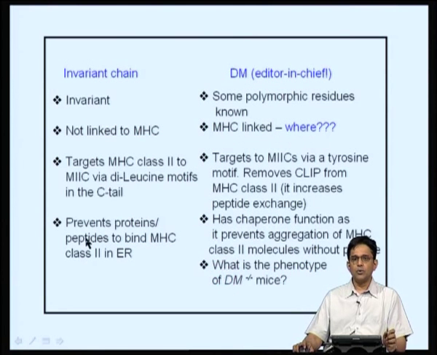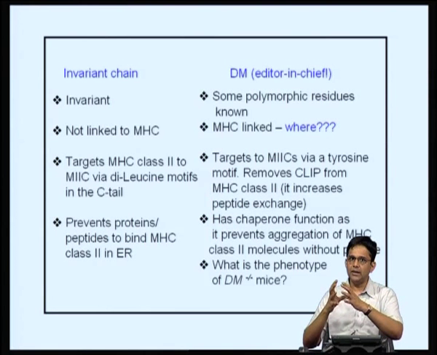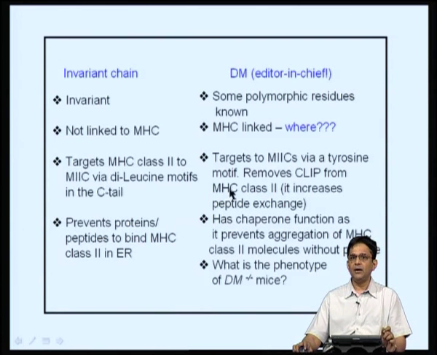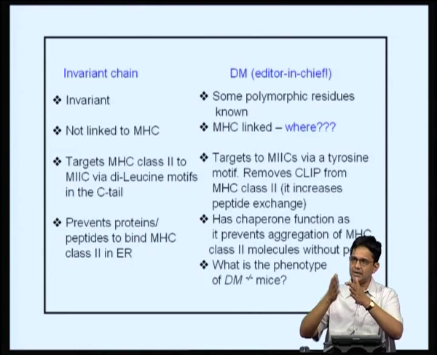Okay. So the job of the invariant chain is to take the complex of MHC class 2 molecules and chaperone them to the M2C, and it does so by certain targeting motifs, which are dileucine motifs. DM, on the other hand, goes to the M2C by itself and targets via a tyrosine motif. Its job mainly is to remove CLIP from the MHC class 2 molecules. In invariant chain, once it goes there, its primary job is done, and that is why it is degraded.